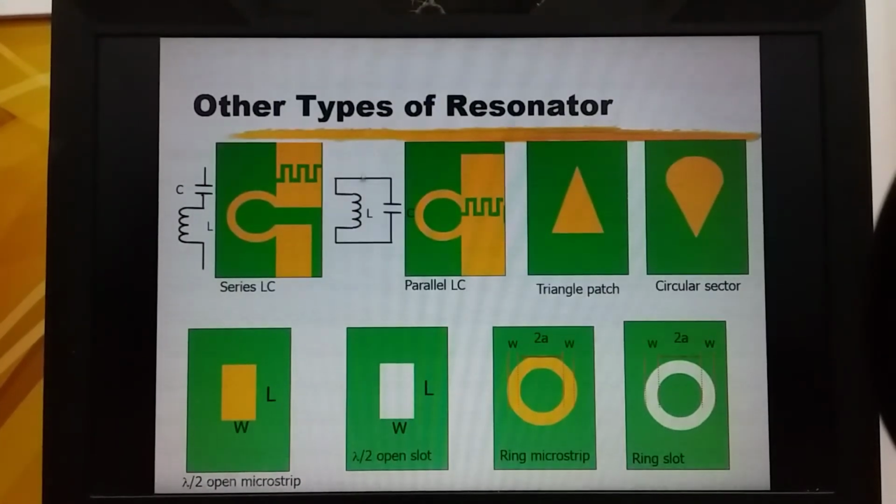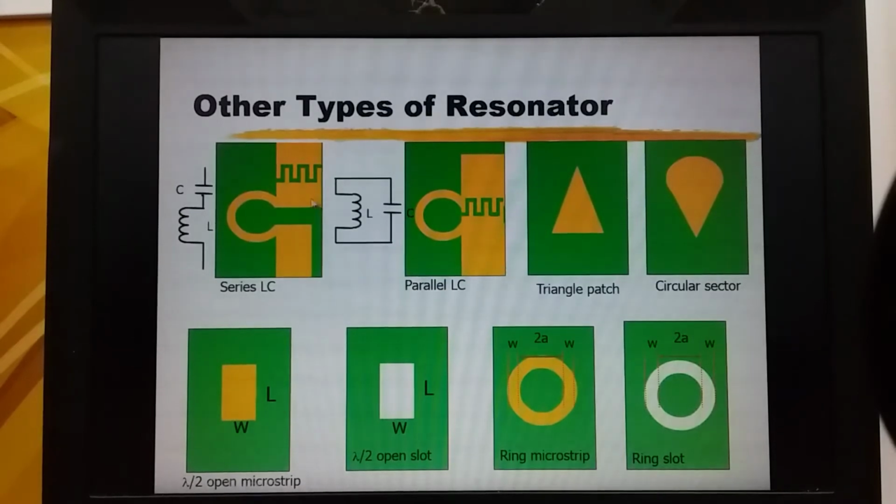In terms of physical implementation of resonator, if we were to use an inductor in series with a capacitor, we can use a thin line to make an inductor, and using an interdigital structure to make a capacitor.